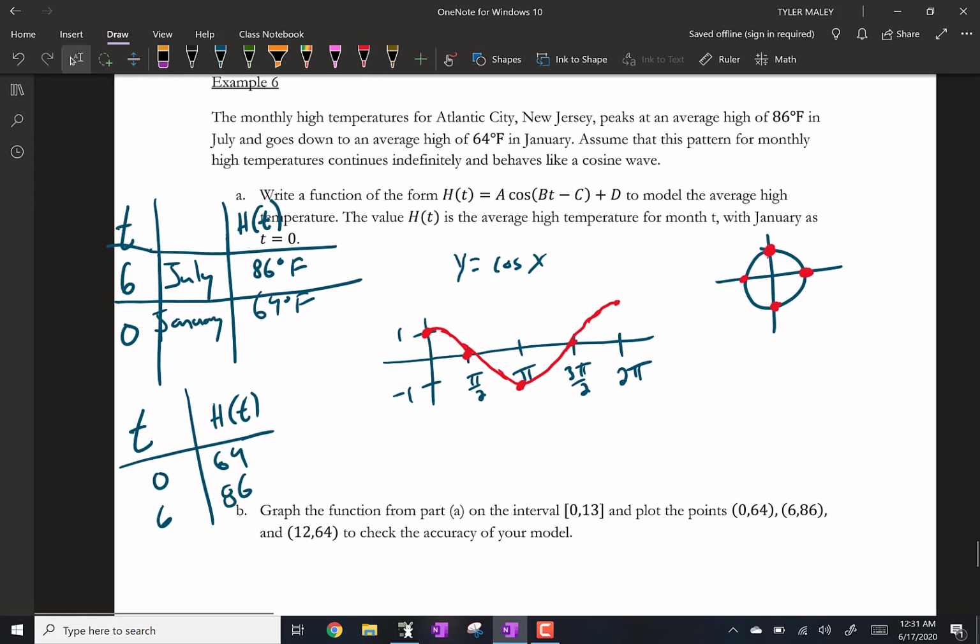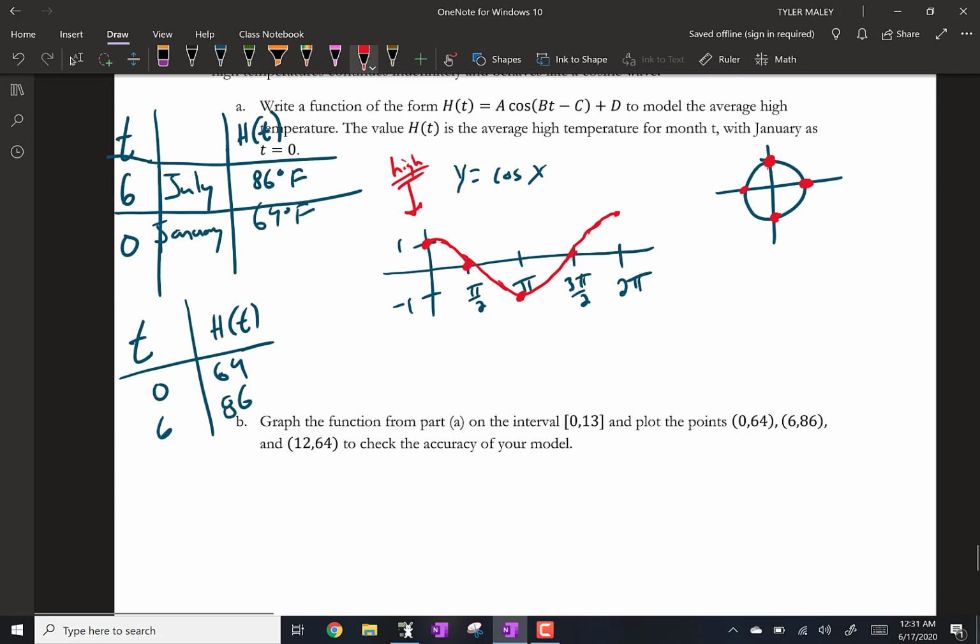Notice this is a max value that's going to occur on the x-axis. In our case, a rough sketch is: here is 64, and I'm going to have a point here at t equals 0. If this is my t-axis, let me get some more room here.